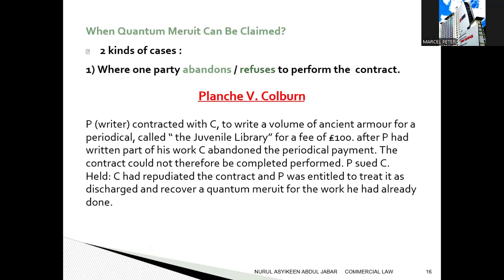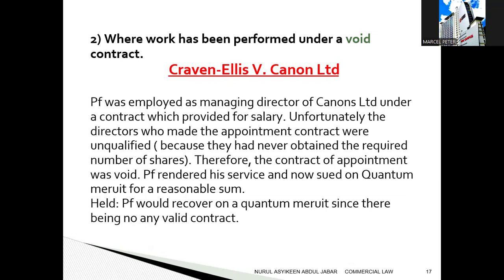Number two, where work has been done and performed under a void contract. We are going to look at Craven-Ellis versus Canons Limited. Now here, the plaintiff worked as a managing director under a contract. Later, it was discovered that the contract was void because the directors who appointed him were not legally qualified.